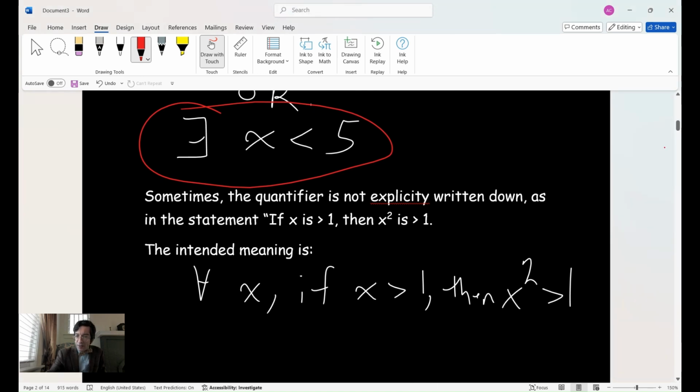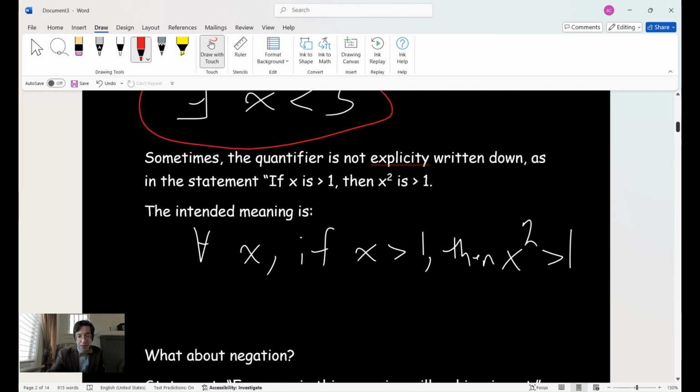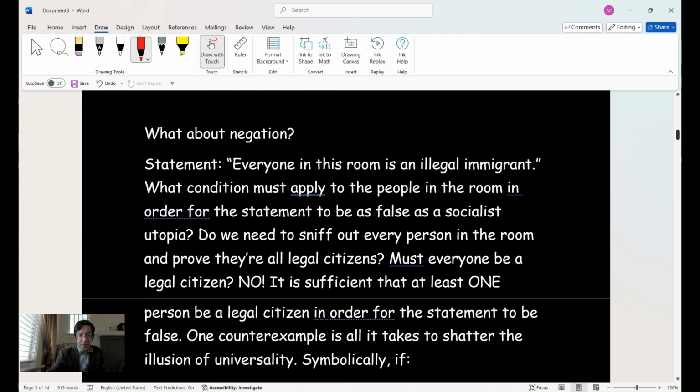But what about negation? Because we haven't really discussed how the conditions apply. So here's a statement: everyone in this room is an illegal immigrant. What condition must apply to the people in the room in order for the statement to be false?